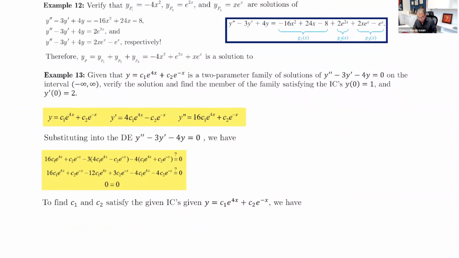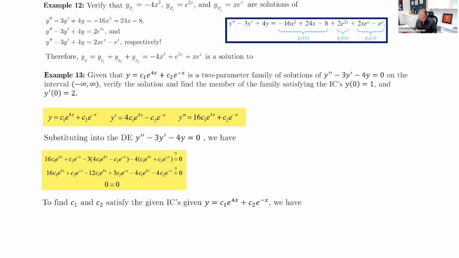Now in example number 13, we are given a solution of that equation, and what we're given are the initial conditions. The goal of this is, first of all, to double check to see if it's a solution. If you find the first derivative and the second derivative and substitute, you get 0 equals 0, so it's satisfied.